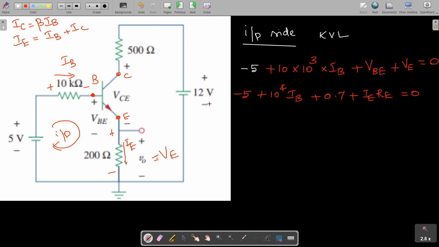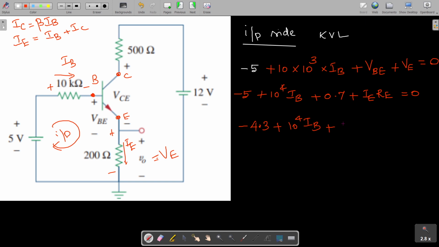Okay, beta times IB. So here I'm going to write this as minus 5 plus 0.7. These two are combined, so you get the answer as minus 4.3 plus 10 power 4 IB plus this IE current. We don't know about it.